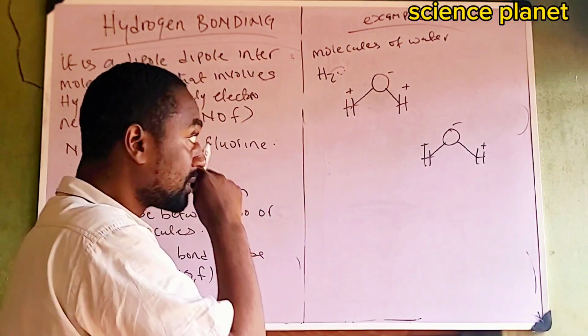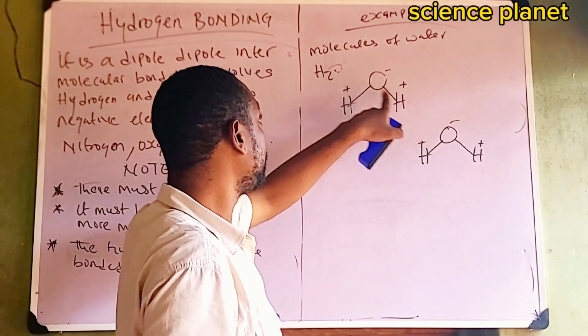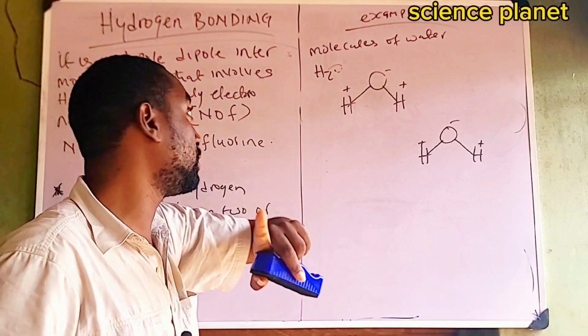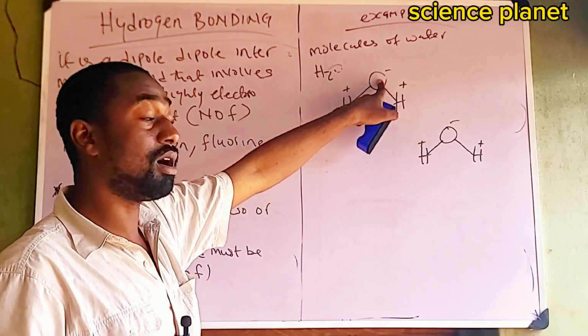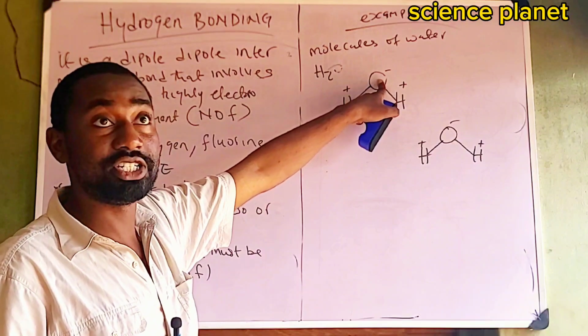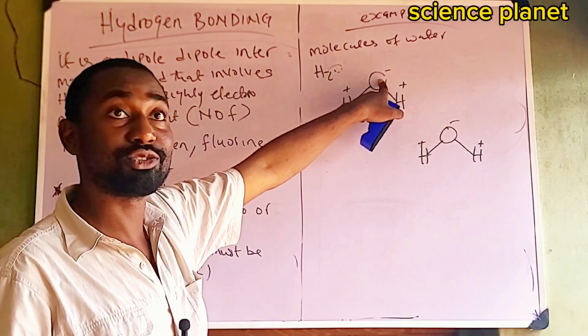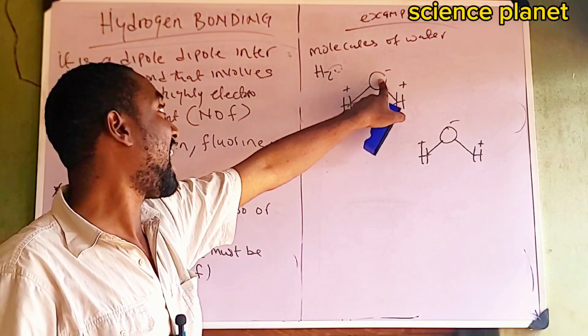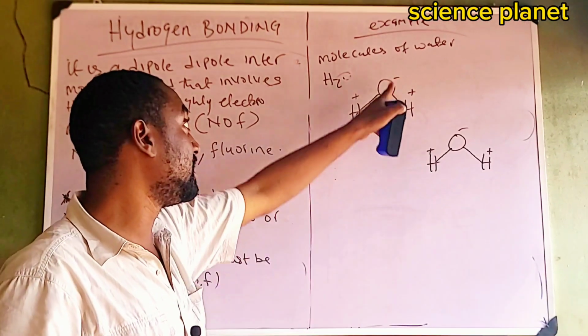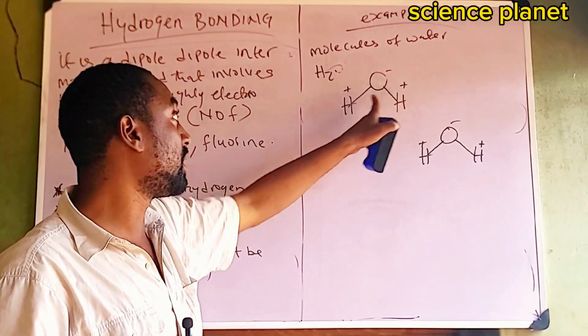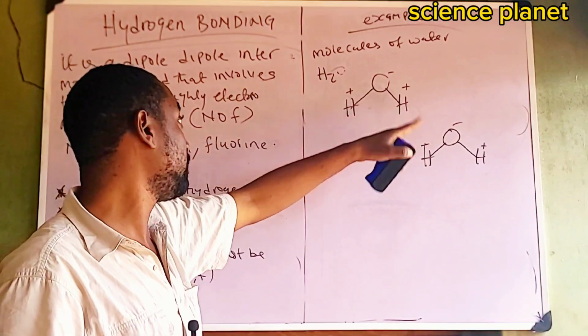You see, this is negative, positive, negative, positive. I talked about this in our covalent bonding, saying that this atom, which is oxygen, is negative because it is highly electronegative, and it attracted more electron to itself, making it negative, then leaving the smaller electron to hydrogen, making hydrogen positive.